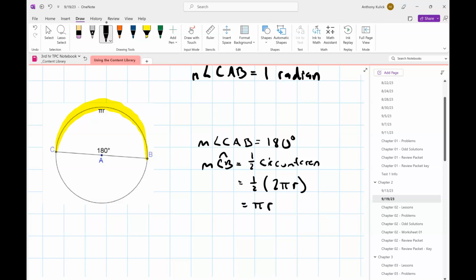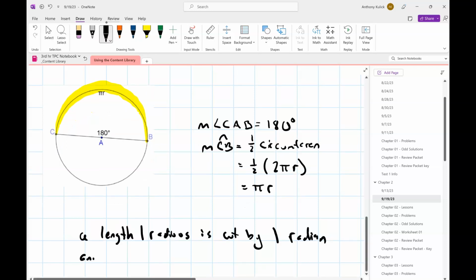So if I know that one radian, let's just say we know that a length of 1 radius is cut by a 1 radian angle.